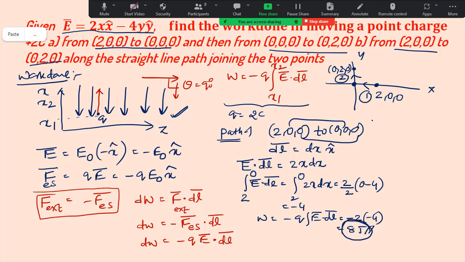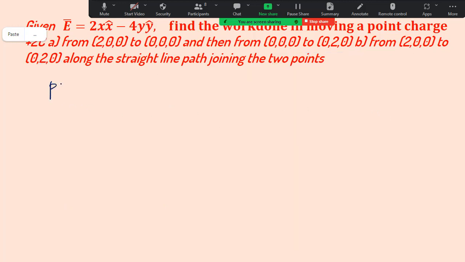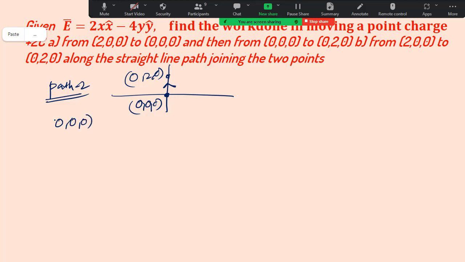Similarly you can go for path 2. In path 2 we are moving the charge from the origin (0,0,0) to (0,2,0). That means we are moving along the y-axis. Here only the y coordinate is changing. That means dl bar is equal to dy into y cap.